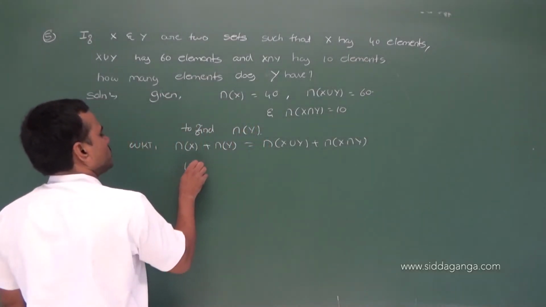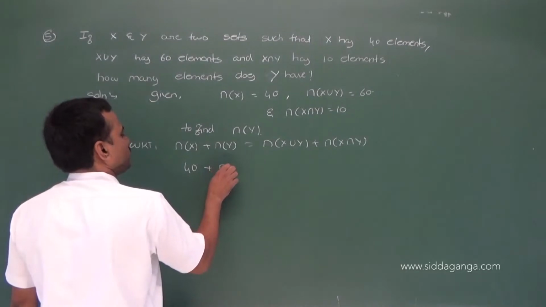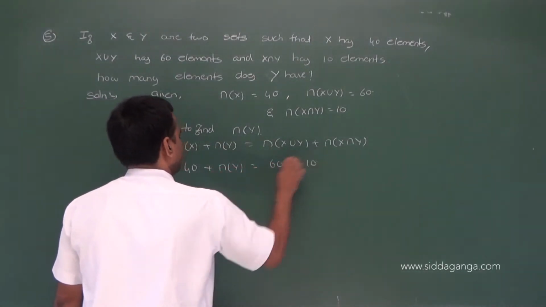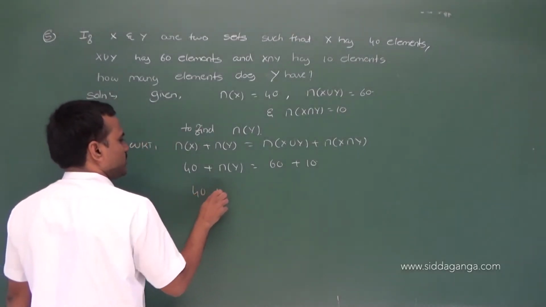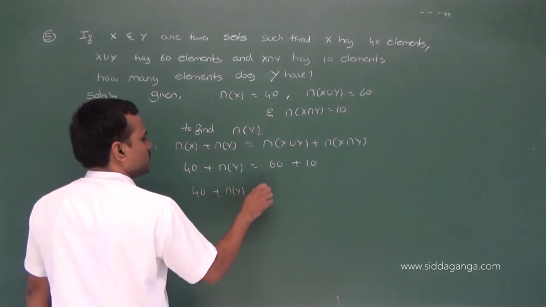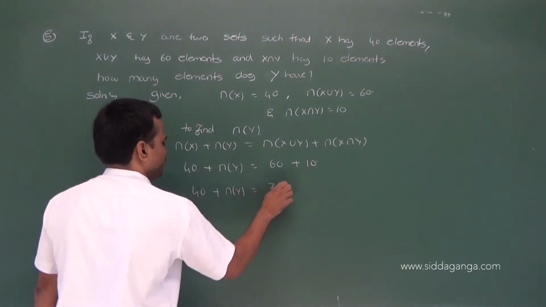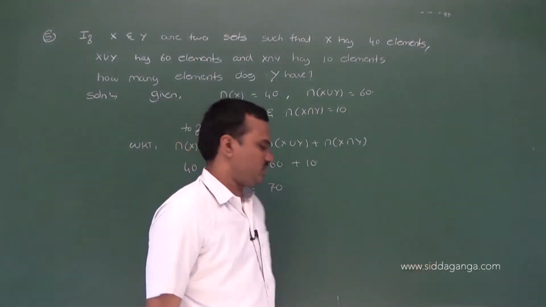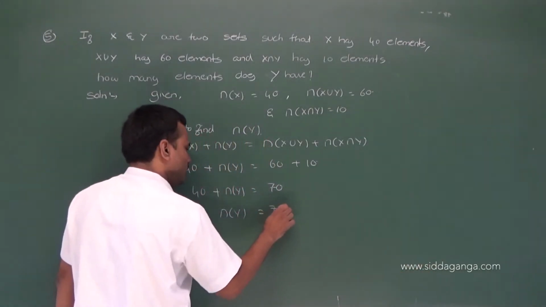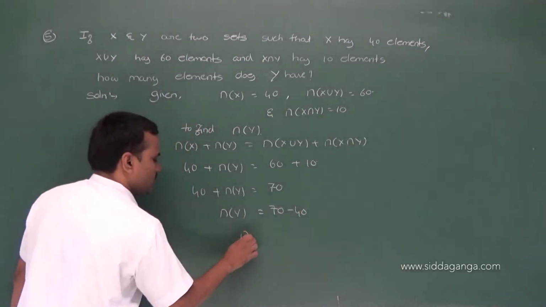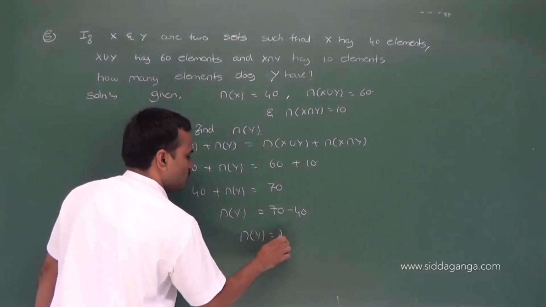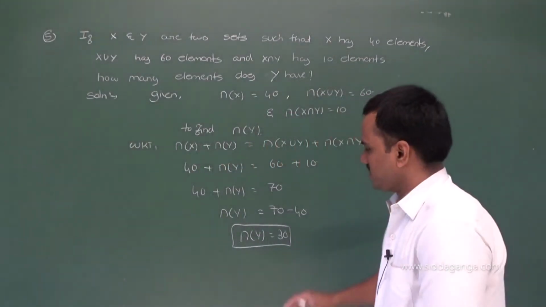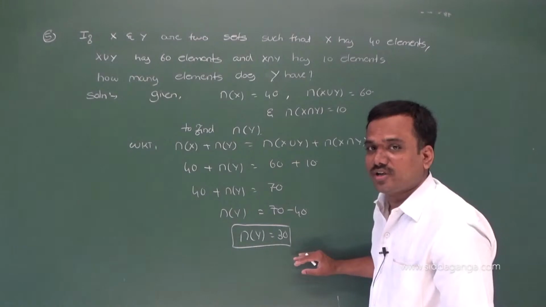N of X is 40, plus n of Y, which we have to calculate, equals 60 plus 10, 70. I shift 40 from the left side to the right side: n of Y is equal to 70 minus 40. N of Y is how much? 30. Correct? See the problem. Very important problem.